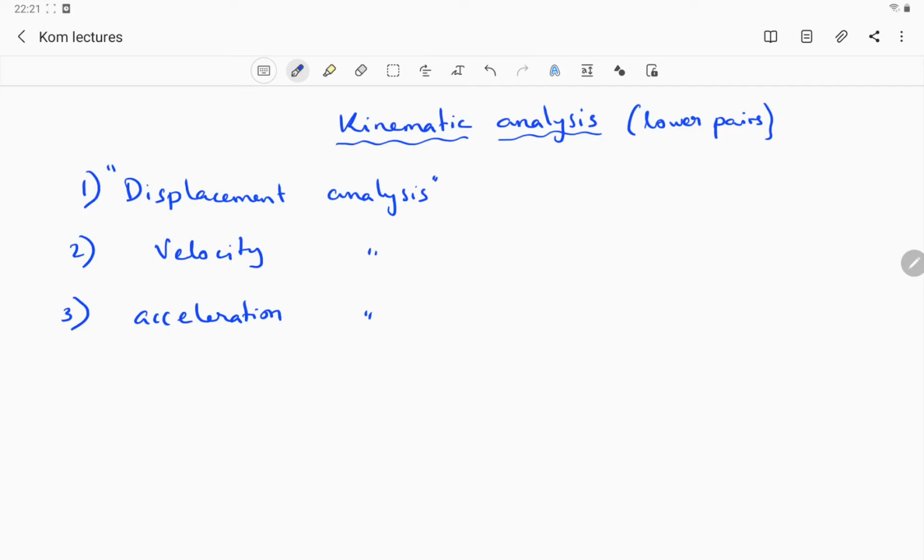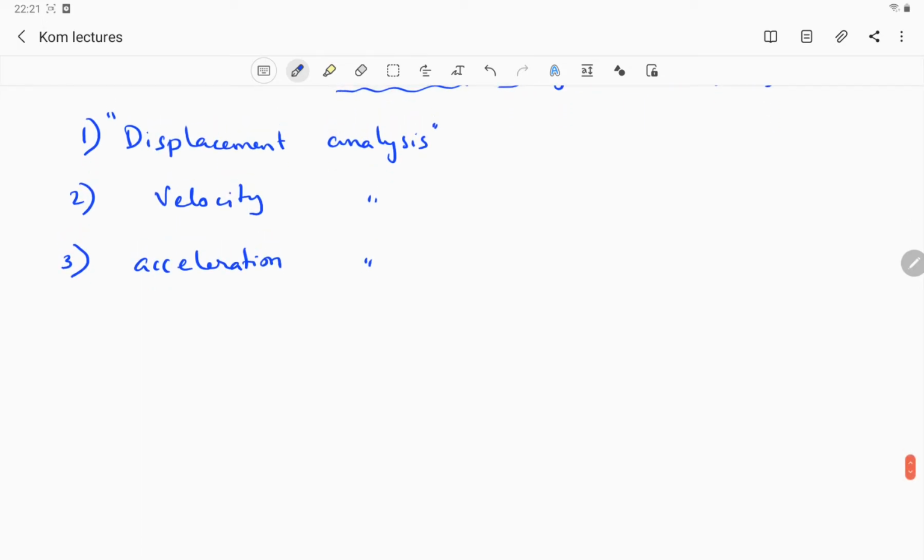displacement analysis. Or in general, let me say what these analyses mean. We know that a mechanism receives some input in the form of motion and gives out a motion in the form of a desired motion, right?